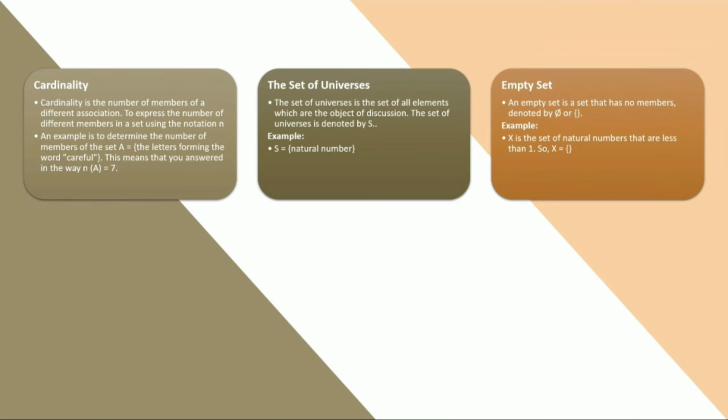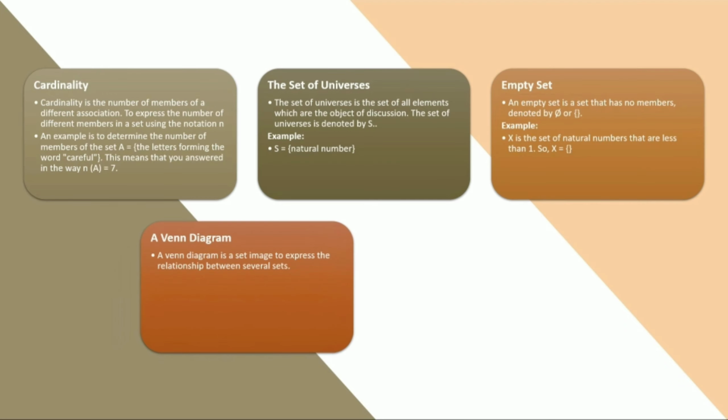Number 3, empty set. An empty set is a set that has no members, denoted by this or this. Example, X is the set of natural numbers that are less than 1. So X equals empty set.